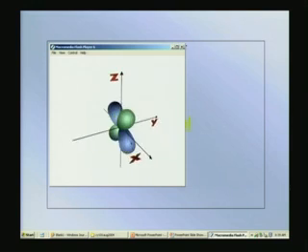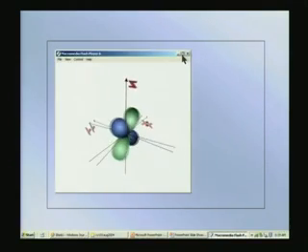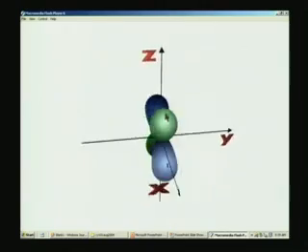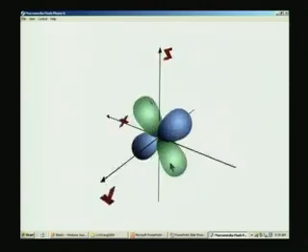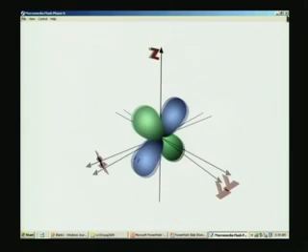Let us look at the dxz orbital. Again you get the picture that the lobes are pointing along the xz plane but along the diagonals in that plane, not along the axes themselves.